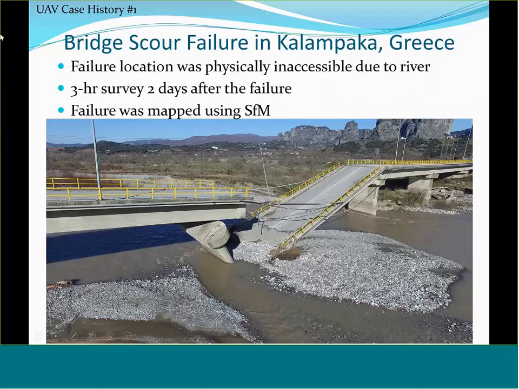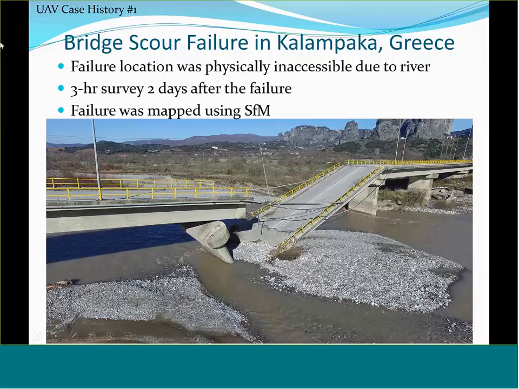The first case history is a bridge scour failure in Greece that happened in early January this year, following significant precipitation and an increase in the water level of a river near Kalambaka town. There was a bridge crossing this river and connecting Kalambaka town to some villages.